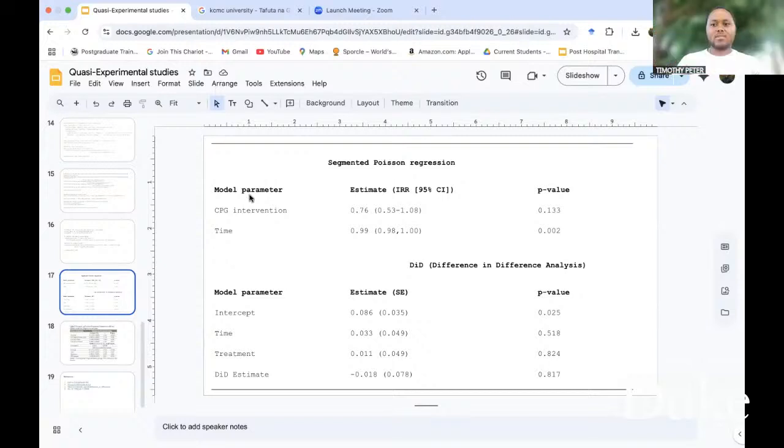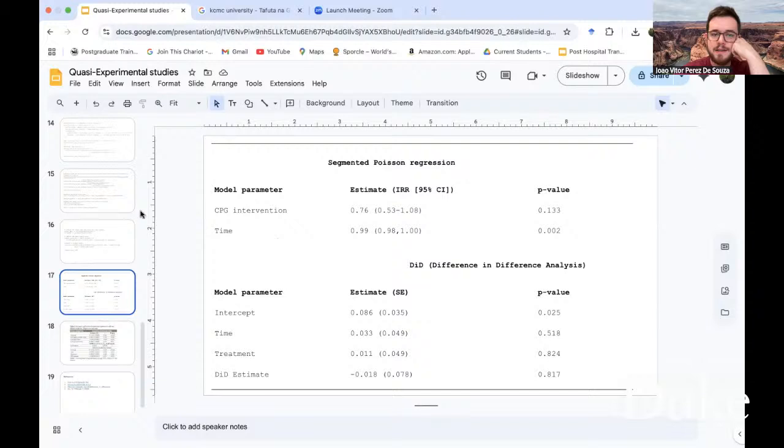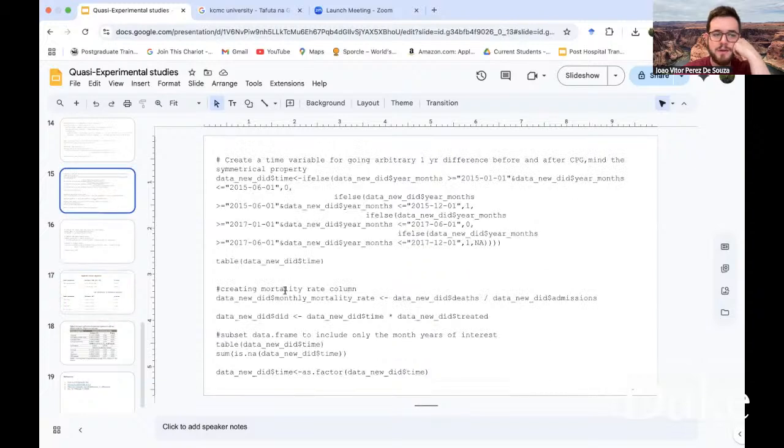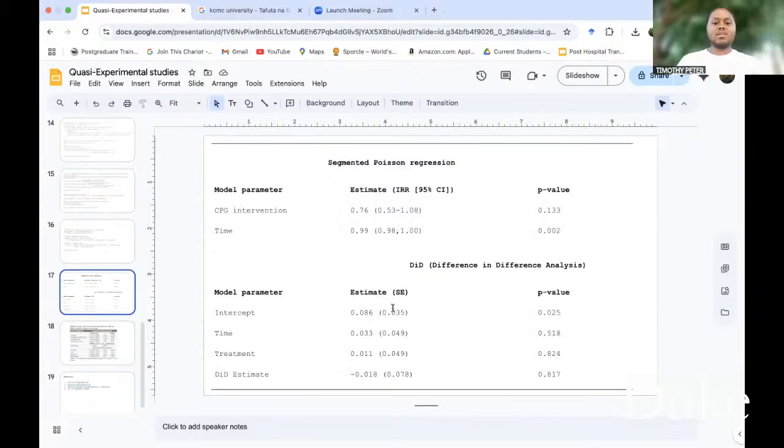Yes. Okay. And is it a linear regression in this case, in the table below? Yeah, these are the linear regression results.